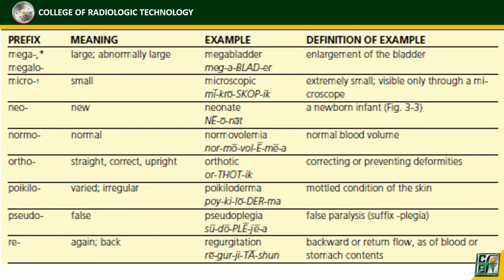Next we have poikilo, which means varied or irregular. The example is poikiloderma, a mottled condition of the skin.